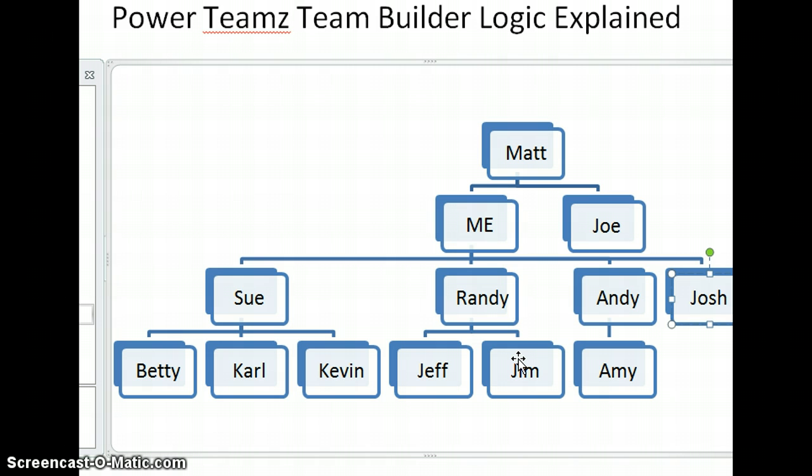It's pretty simple. I will be enhancing the logic at some point to where you have the option of having it jump deeper down to give one customer, to make sure that everybody on your team has at least one customer.